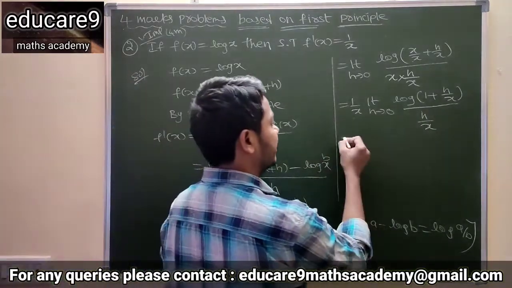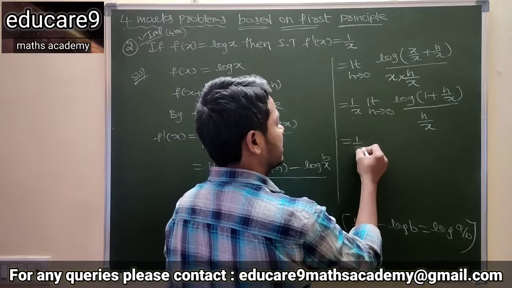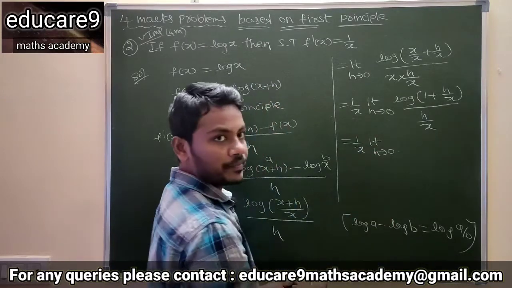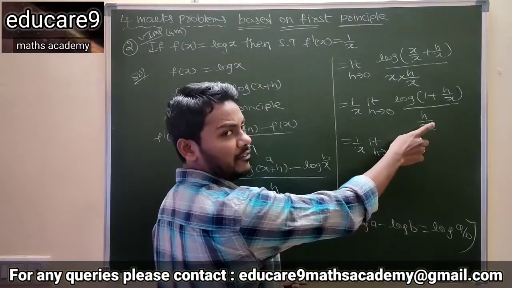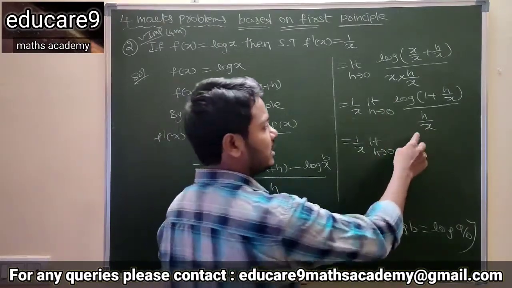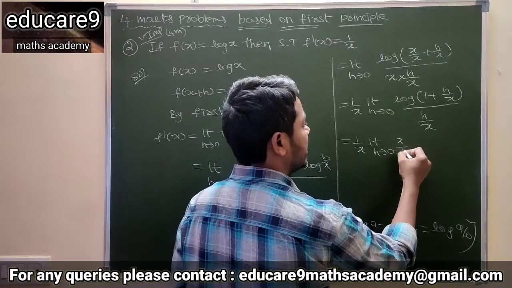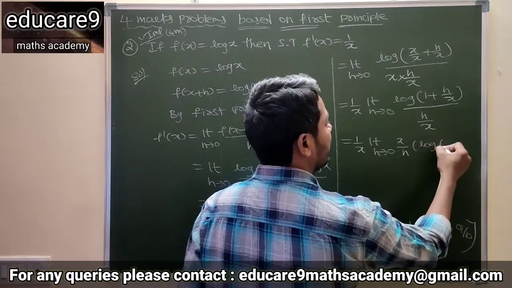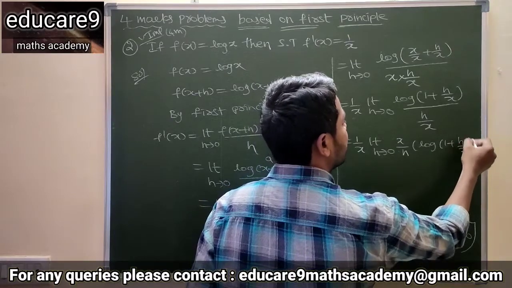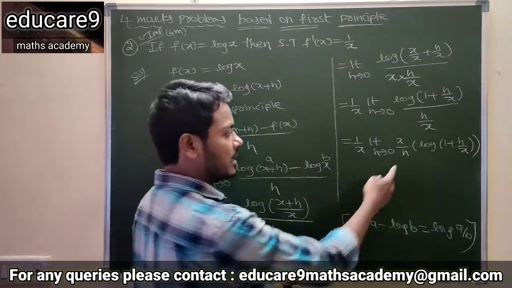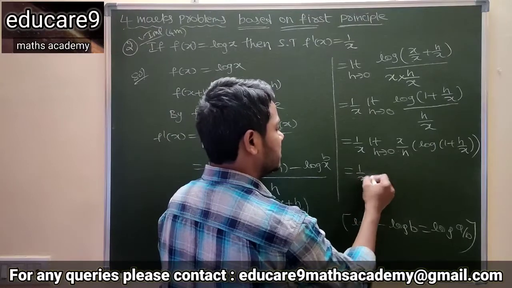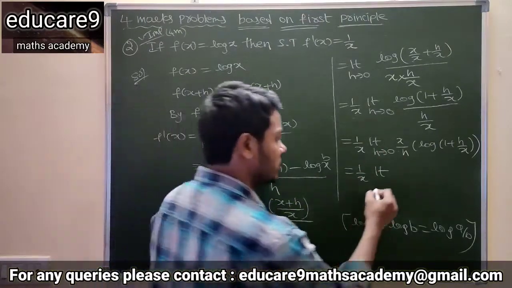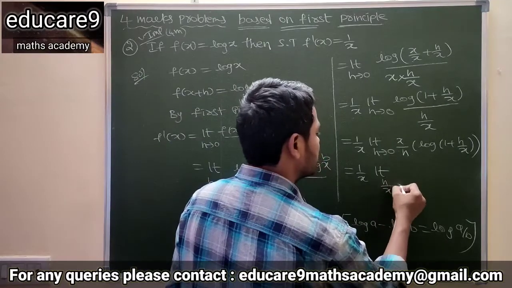So again this can be written as 1 by x, limit h tends to 0. If it goes to the numerator, then it is x by h into log of 1 plus h by x. Again this is 1 by x, limit h tends to 0. h by x also tends to 0.